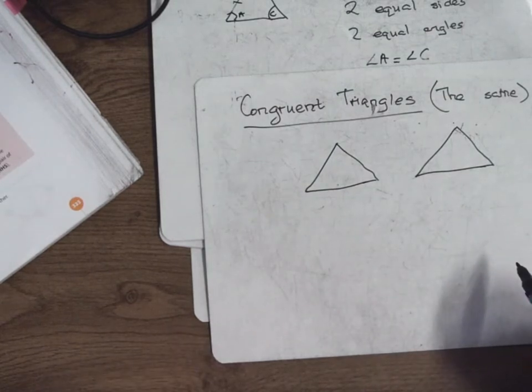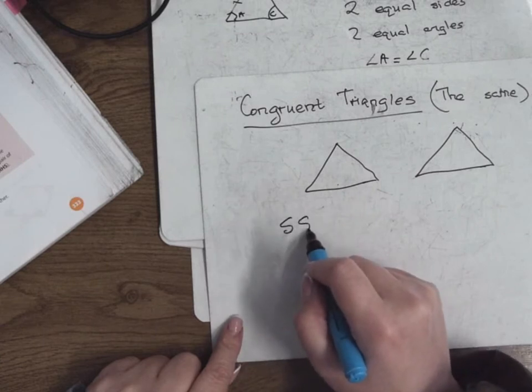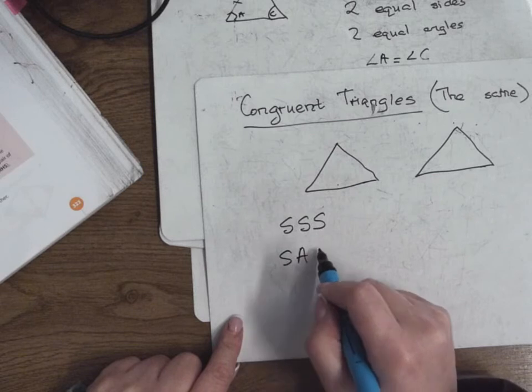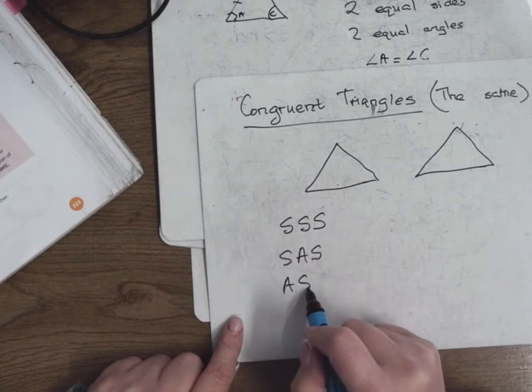No, there's a shortcut. The shortcuts are SSS, SAS, or ASA, or if it's a right angle triangle, we have RHS.